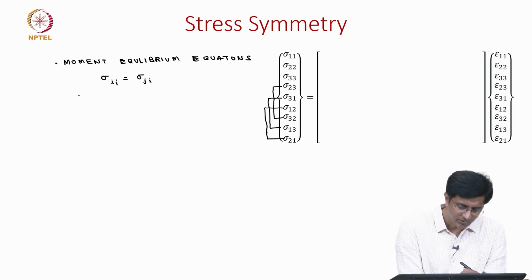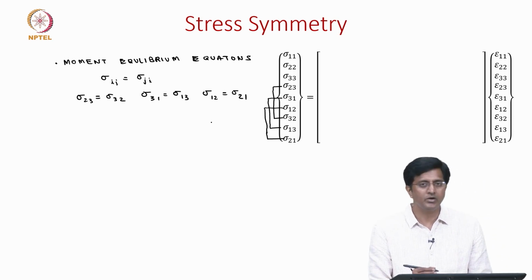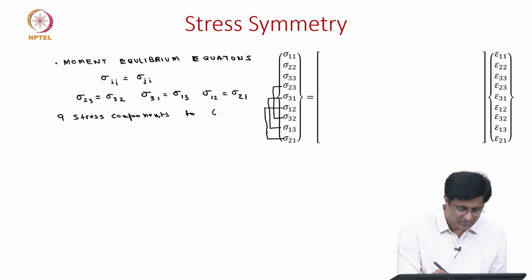So, we are saying that sigma 2 3 is equal to sigma 3 2, sigma 3 1 equals sigma 1 3 and sigma 1 2 equals sigma 2 1. So, effectively we have reduced the 9 stress components to 6 stress components.